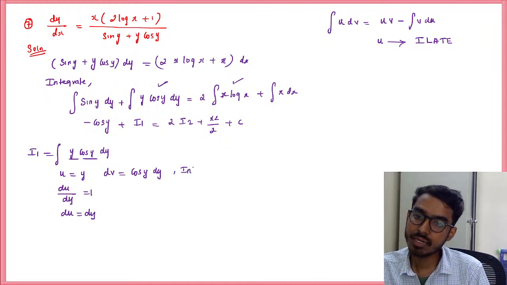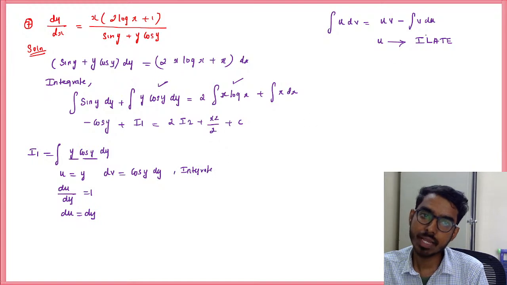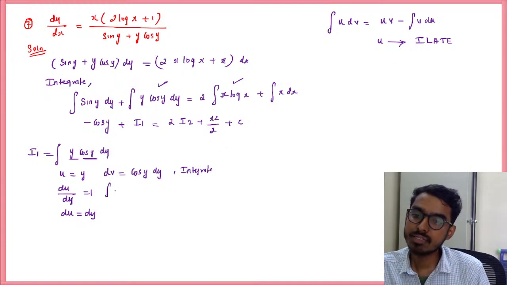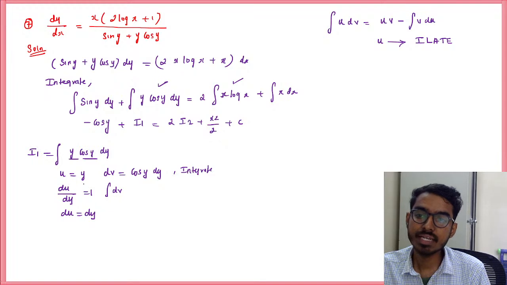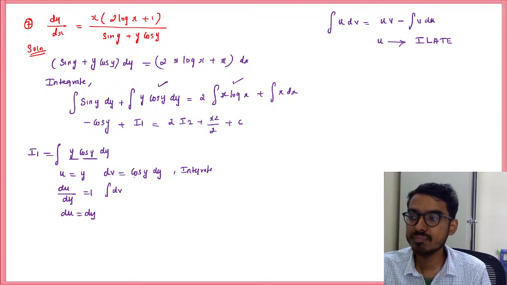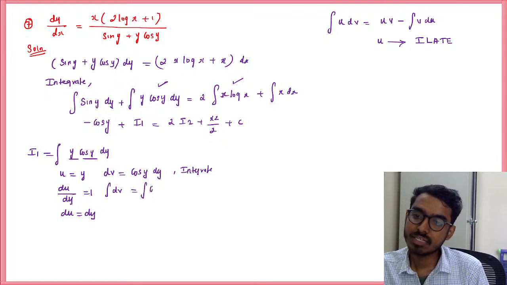Here you have to integrate, right? Because you need to find the value of v. So you differentiate here and integrate here. It's very simple, right? Integration of cos y dy will be v is equal to sin y. So this formula will be uv minus integration of v du.